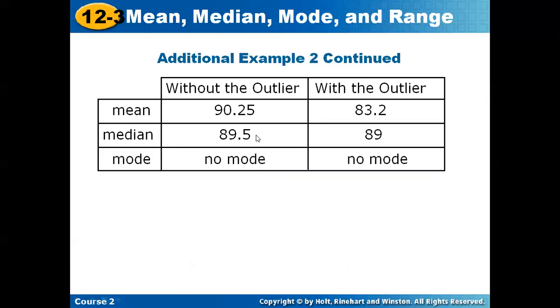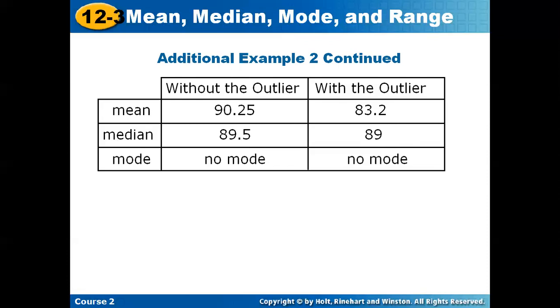If we compare now, the mean without the outlier is 90.25. With the outlier, it was reduced to 83.2. So it means that if a given set of data has an outlier, the mean is affected.